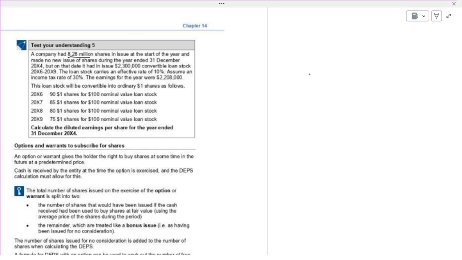The loan will be converted at 90 shares per 100 dollars nominal. Calculate the diluted earnings per share for the year 2004.